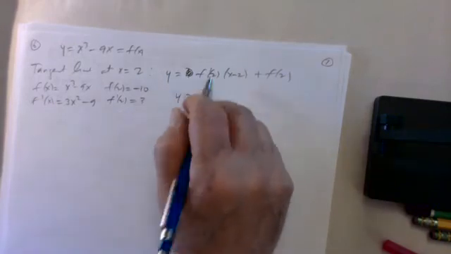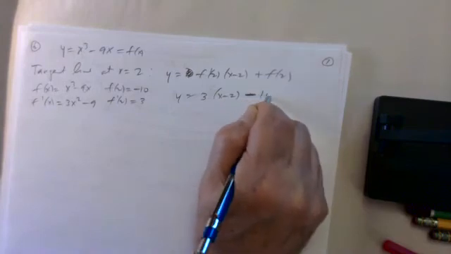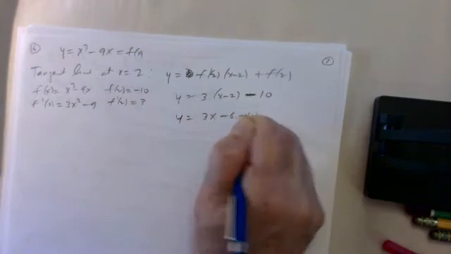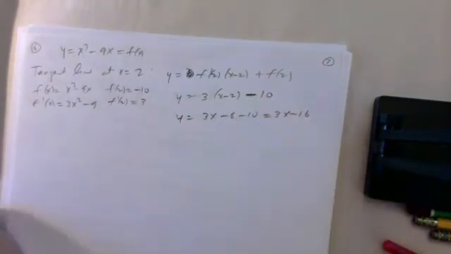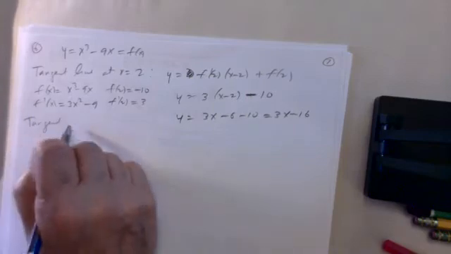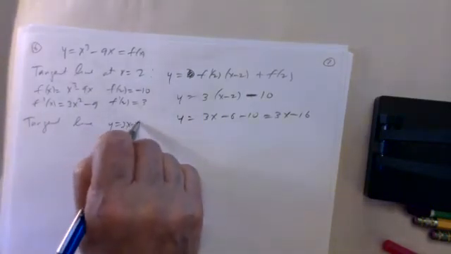So y is equal to 3 times x minus 2, minus 10. So that's 3x minus 6 minus 10, or 3x minus 16. So the tangent line is y equal 3x minus 16.